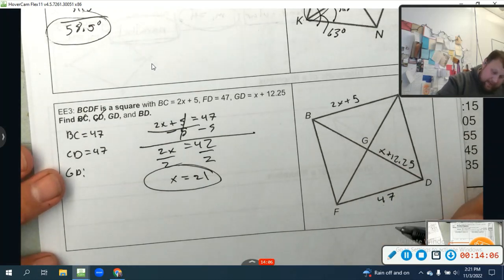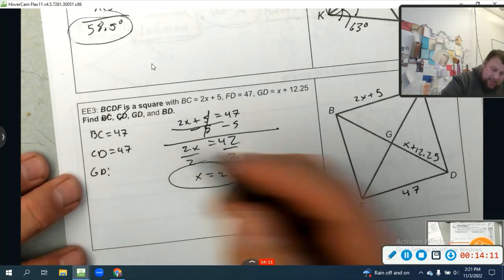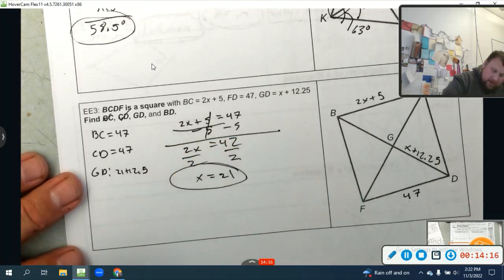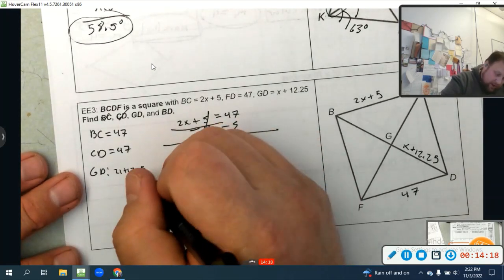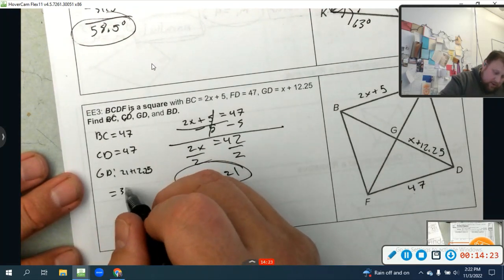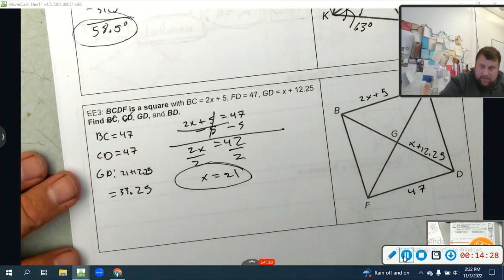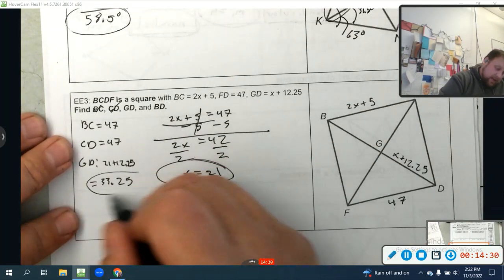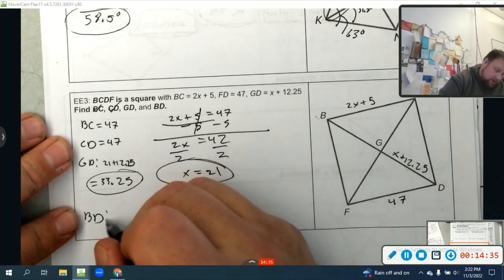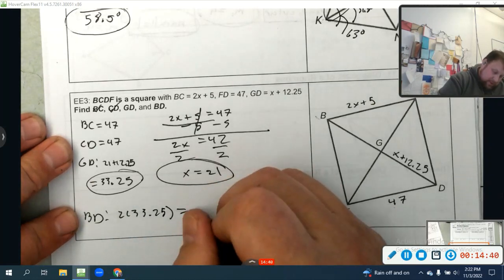So GD is x plus 12.25, so 21 plus 12.25, and it's going to be 33.25. And then last but not least, we want to find BD, which is just the whole thing, or 2 times 33.25, which equals 66.5.